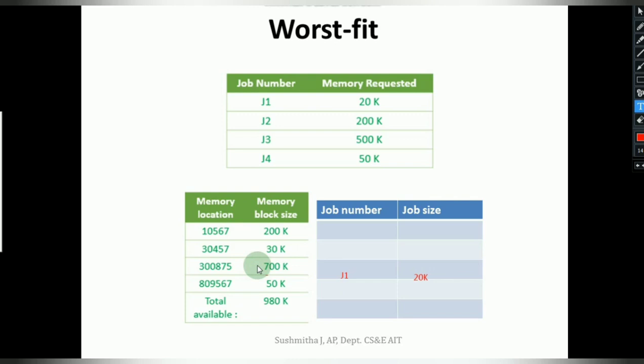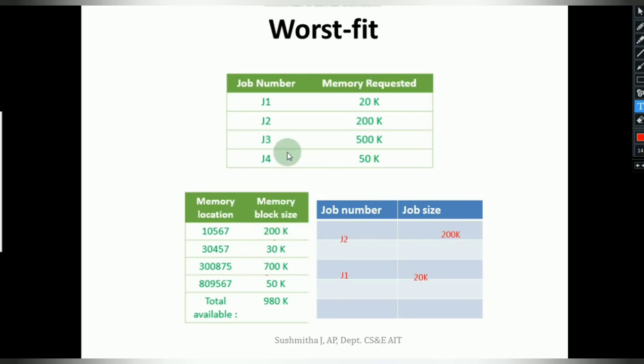The largest possible among these 3 is 200K, so that would fit well. Job 2 will be allocated to the 200K block. So now this block is also done.